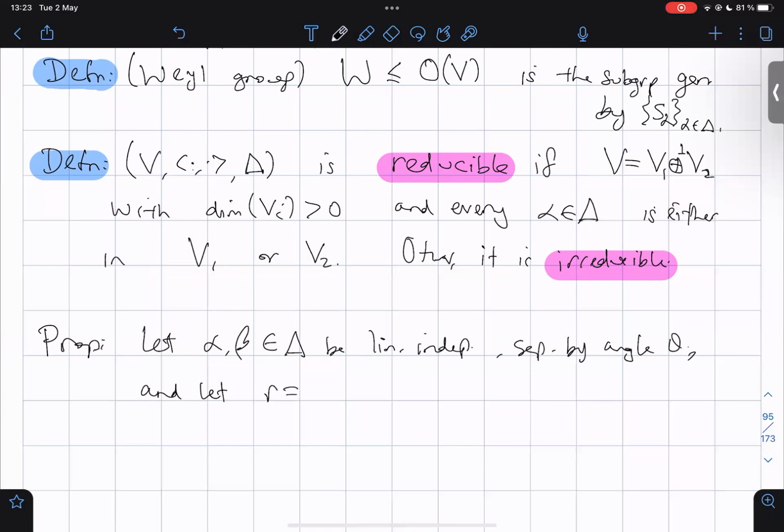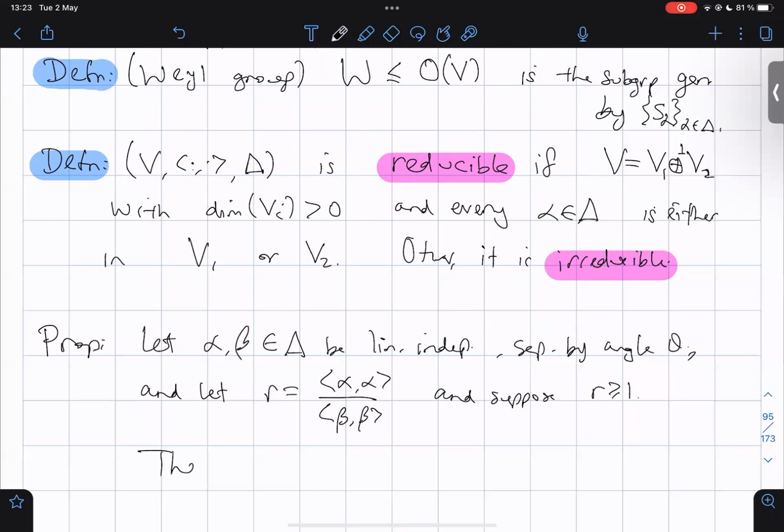Let R be the ratio of the length squared of one over the other, and suppose that you put the bigger one on top, so R is greater than 1.